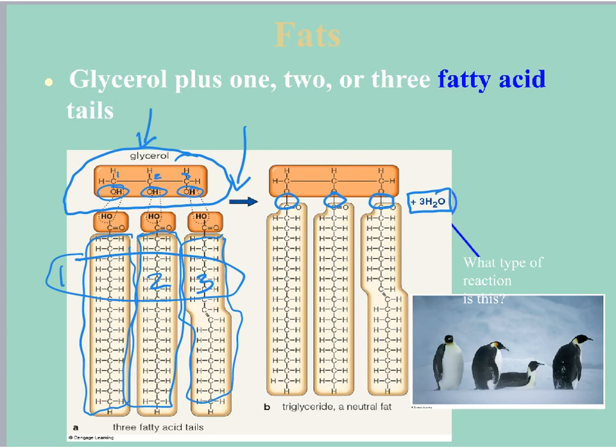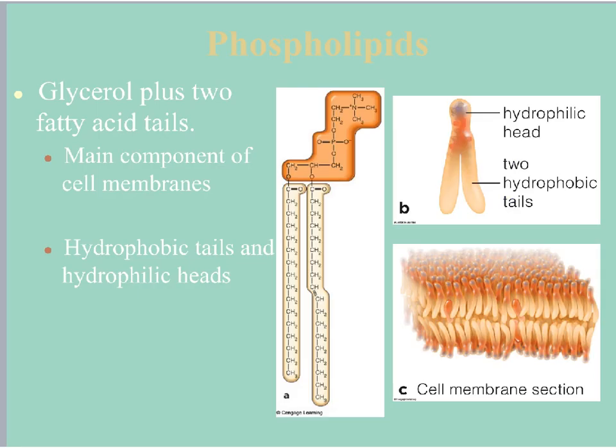So we've lost a little water. Remember, this is called a dehydration reaction. So this right here then is a fat, and each one of these is a fatty acid tail. Kind of a straight chain like we saw here.